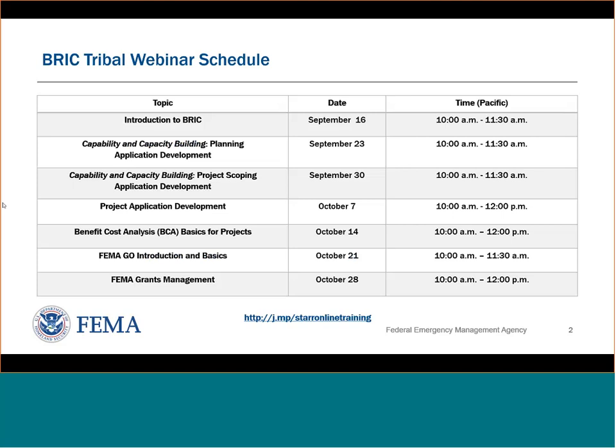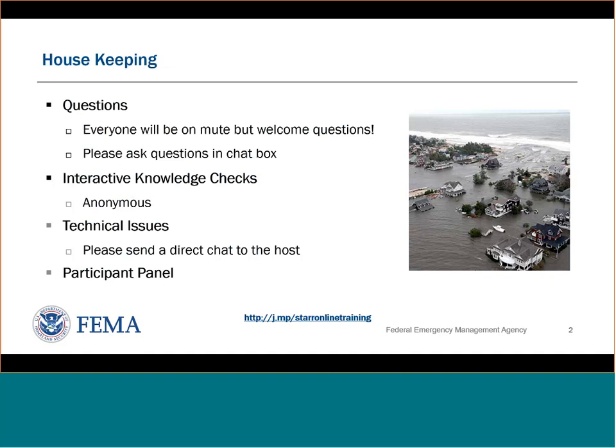We'll refer to BCAs, benefit cost analysis, cost effectiveness a couple times today, but next week is when the meat and potatoes will be shared. Then we have 2 more after that, which will help introduce you to FEMA Go, our application platform for BRIC. And then the last session that we have coming up at the end of the month is on FEMA grants management.